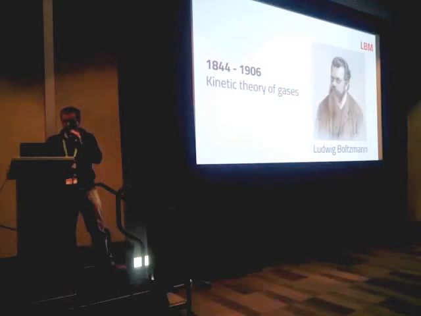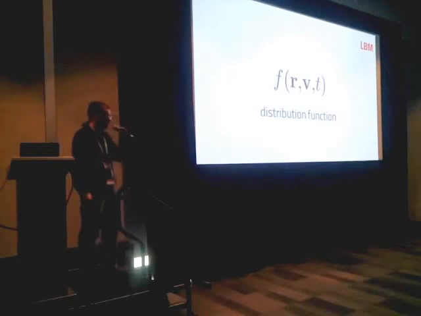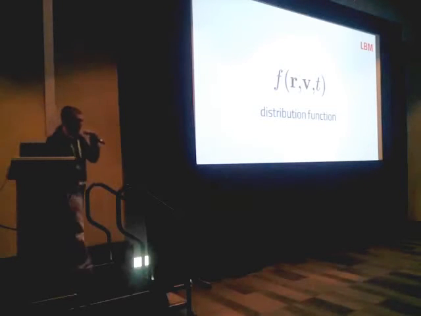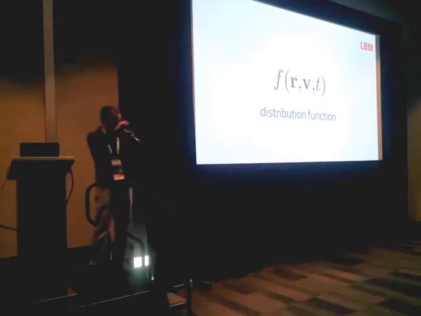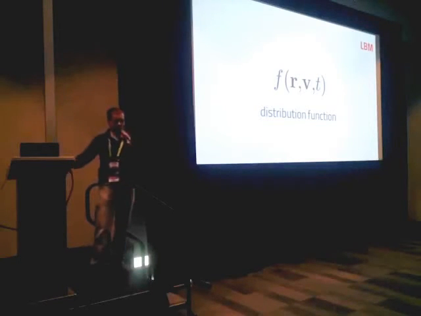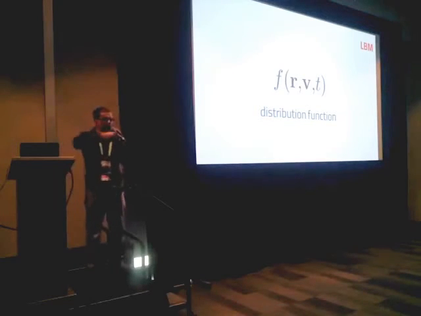And so what is the kinetic theory of gases? There is one thing to remember about kinetic theory of gases that I am able to really give you a few words about today. It's the distribution function. So instead of a velocity field, or instead of particles, we have something in between. What Ludwig Boltzmann did was connect the microscopic world, where we have individual particles, with the macroscopic world, where we see all the movement of fluids and gases at macro scale.